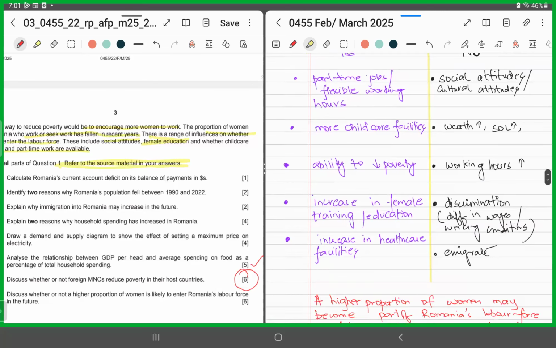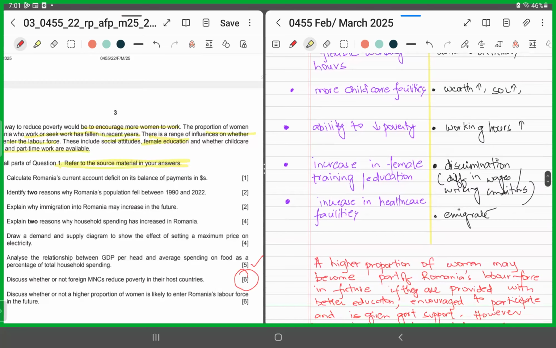Similarly, if more females are provided with training or education and have the skills, talent and abilities to work, they would be inclined towards being a part of the labor force. Similarly, if more healthcare facilities are provided, they would be inclined to be a part of the labor force, and their occupational mobility would improve to a sizable extent.